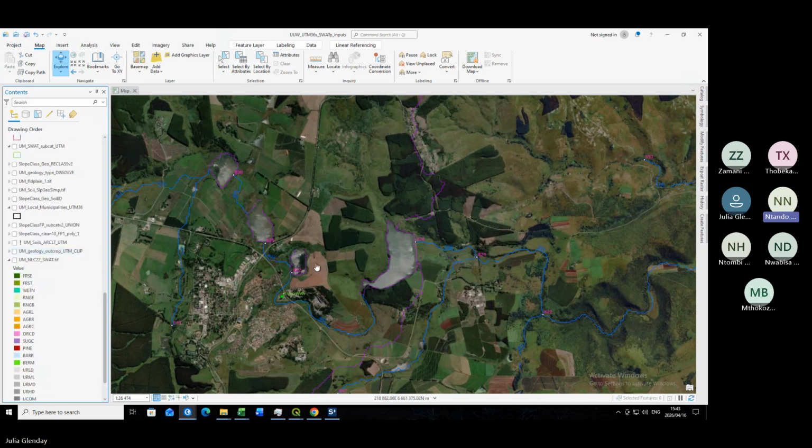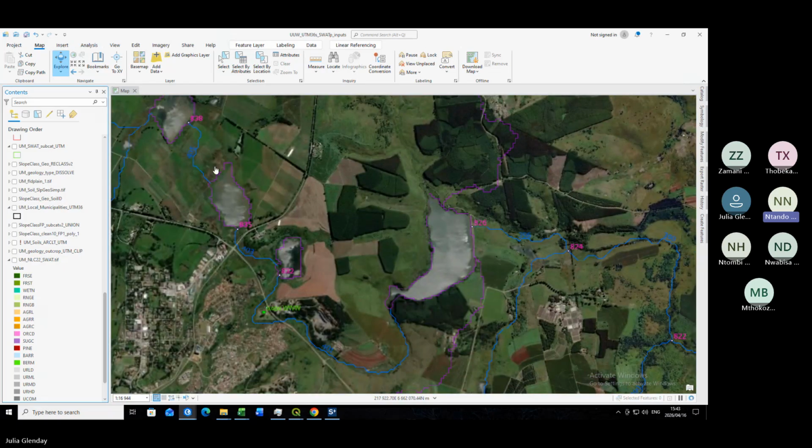So I was calling this one Home Farm, and then this one, I think it was Ikopo Bucks. Sorry, Julia. Yes, I want to confirm what Zamani was saying. The bigger dam is Saint Isidore. The upper one is Home Farm dam. Then the upper one is the Mackenzie. Okay.